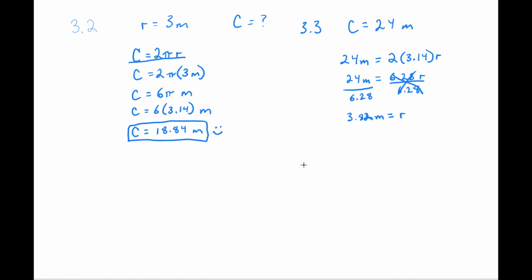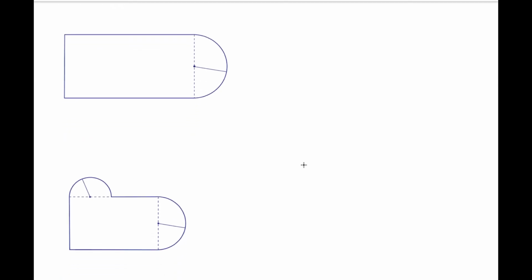All right, so let's move on to example 3.4. It's a little bit more complicated. Now in 3.4, we are told that we need to find the circumference or the perimeter of this figure. When you have a half circle here attached to this polygon, they're going to say perimeter.